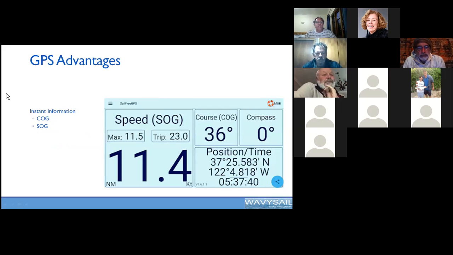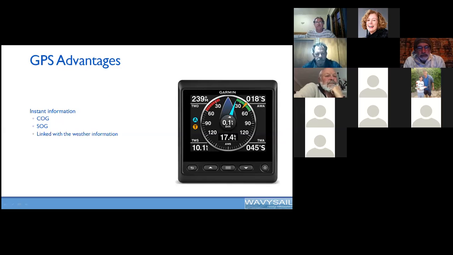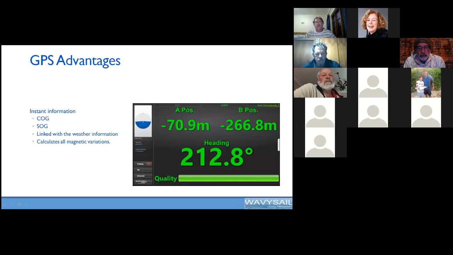Okay? Instant information that we get is really useful. And I think most of us use it. Speed over ground, course over ground. We spoke about what those two are, and it's pretty instant, fantastic stuff. It can be linked in with all your weather information into your systems. Really, really useful. Most of these things will calculate all magnetic variations for you.